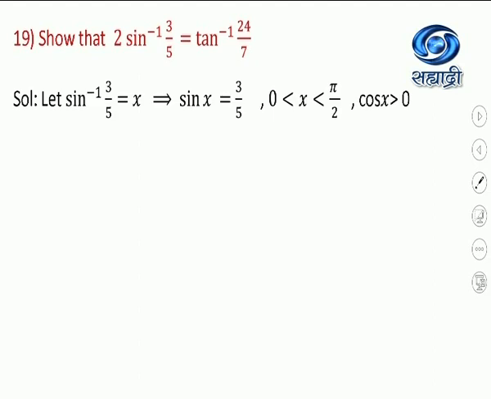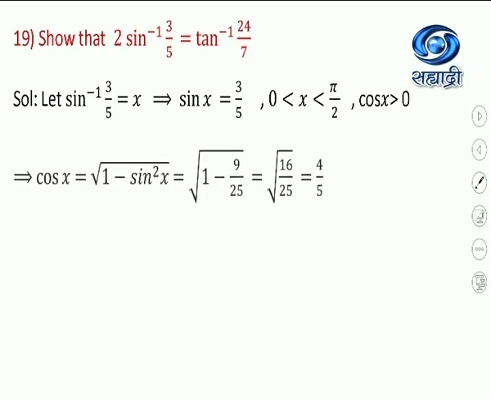Let sin inverse 3 by 5 be equal to x. First we find the value of sin inverse 3 by 5 equal to x by the usual method. By definition, this is sin x is equal to 3 by 5. As this is 3 by 5, x is less than pi by 2 and greater than 0. And mention that in this interval, cos x is greater than 0.